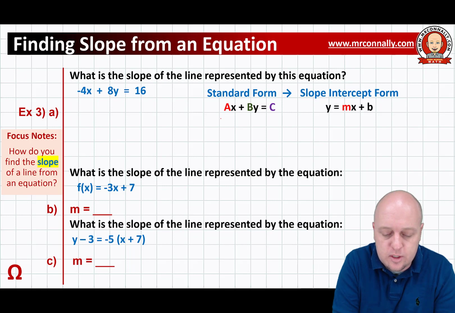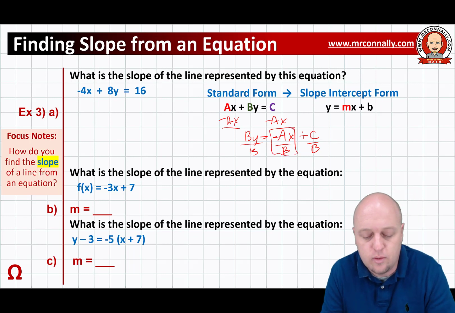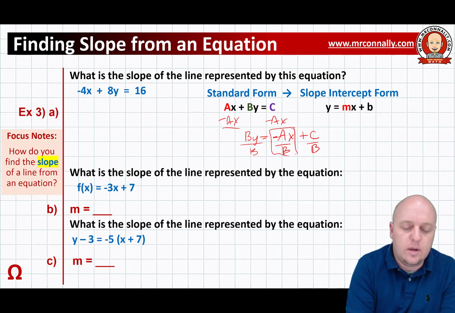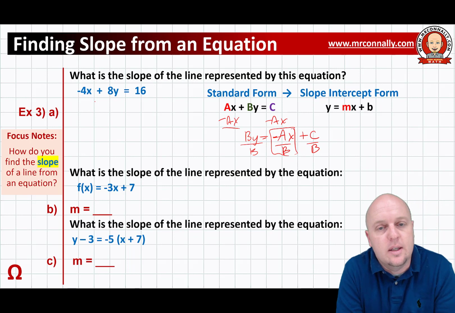Okay, so that's because we just subtracted ax from both sides. We get by equals -a x plus c, and divide it by b, and we get -a over b is our slope. Okay, so that would mean -4 over 8 is our slope.